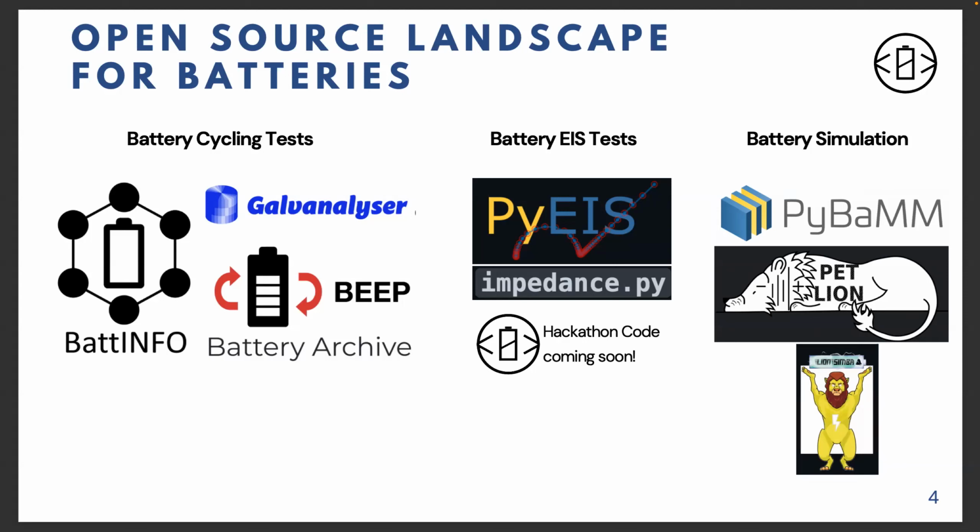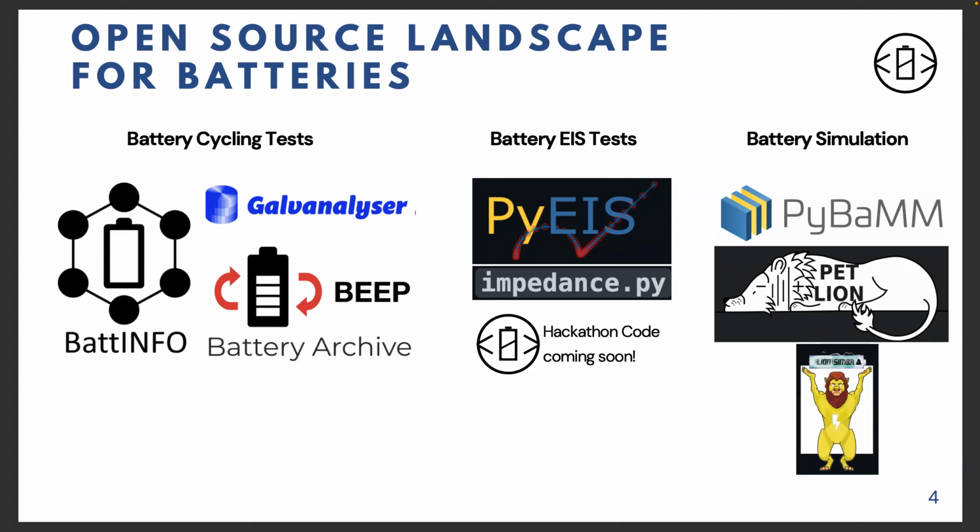On the one hand side, we've been seeing the BEEP framework there. This is from the Toyota Research Institute, has been out there for quite a while. Also, the Galvanalyzer, which is more of a newer project, I would say, has been out there for a year or so.